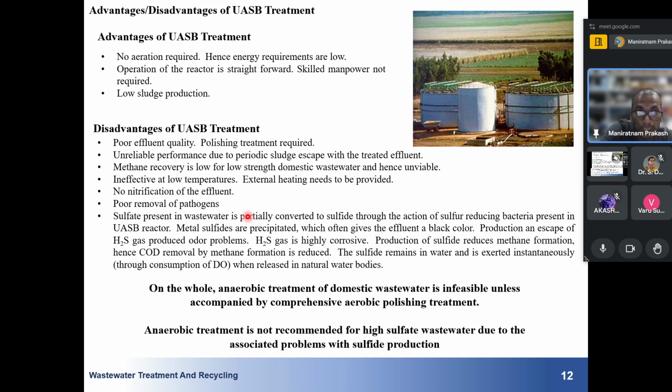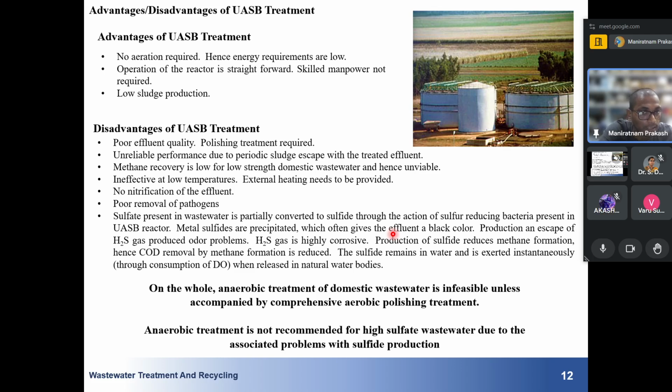Now, a condition applies: if apart from sulfate your wastewater also contains metals, then when the metals come in contact with the sulfide, they precipitate and form a black colored substance. The metal sulfides are precipitated, which often gives the effluent a black color. This will be our first problem: a metal has combined with sulfide and produced a black color, and when you receive the treated wastewater, you will see that it is black.